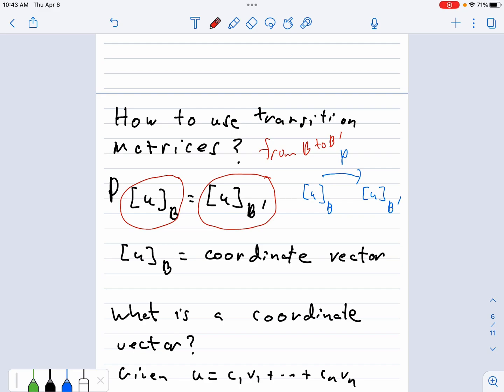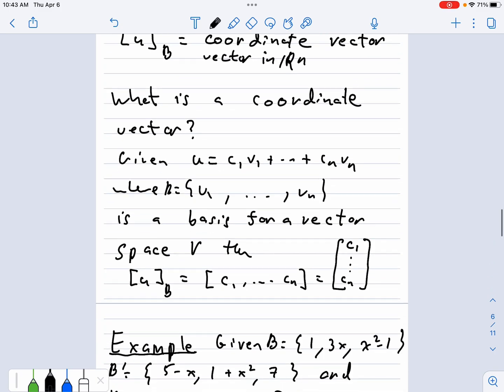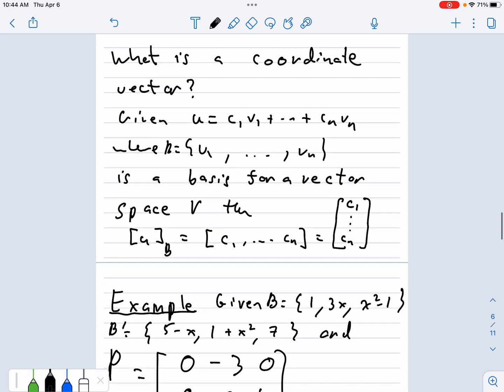But first of all, what do we mean by a coordinate vector? A coordinate vector is a vector in Rn, so it's R1, R2, R3. The way you form a coordinate vector is as follows.